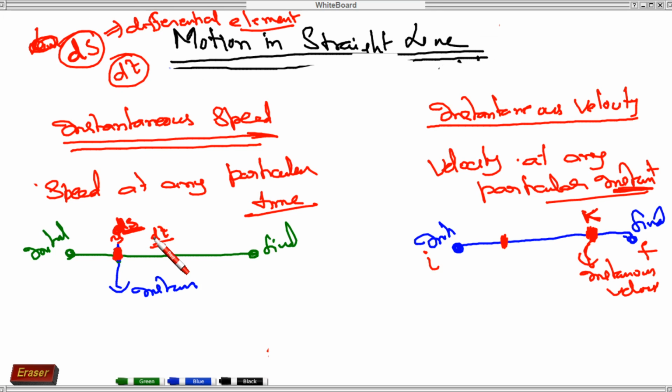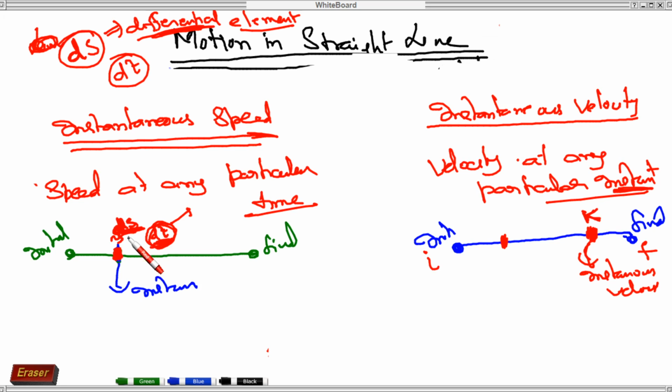And suppose a very small interval of time, that's also a differential element. Why we use the word will come in your calculus part when you study differential calculus and integral calculus. So suppose here it traveled ds distance because it's a very small distance, in dt time, a very small time.